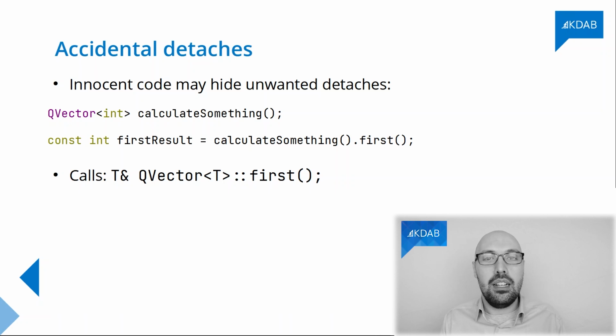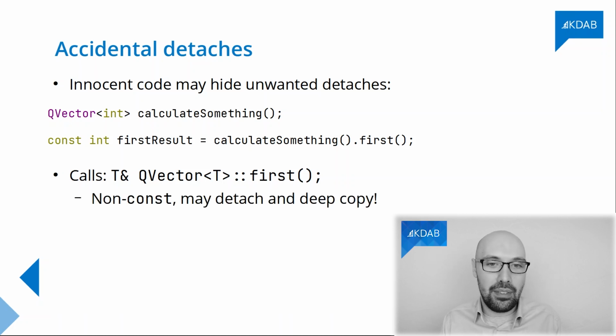Now you may think that this code is fine, but what if that calculate something returned a vector and that vector is shared for whatever reason? So its reference counter is bigger than 1. Well, that call to first there is actually going to call a non-const method.